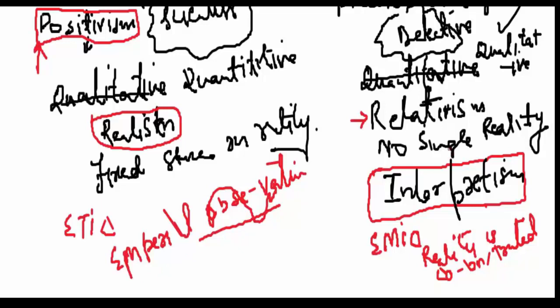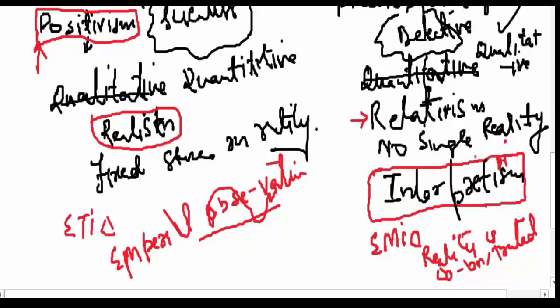While in the case of relativism or interpretivism, knowledge depends on subjective positioning. We interpret reality based on our particular standpoint. So that's why we said there is no single reality, it's dynamic, and reality is built.